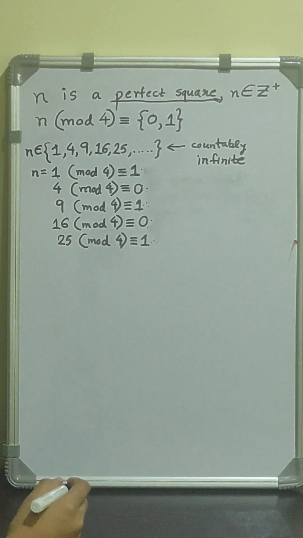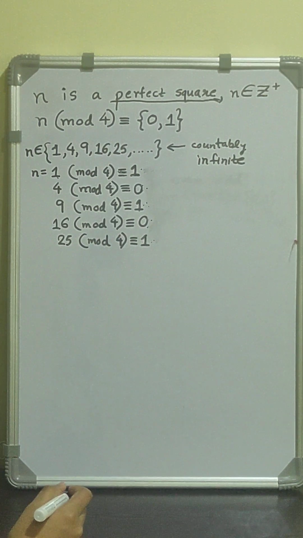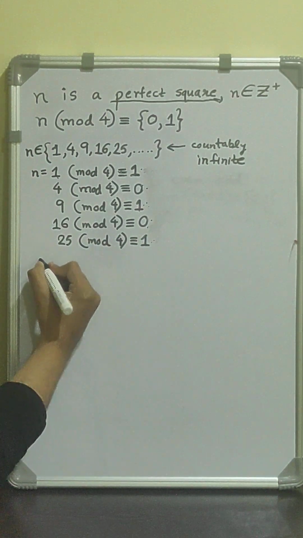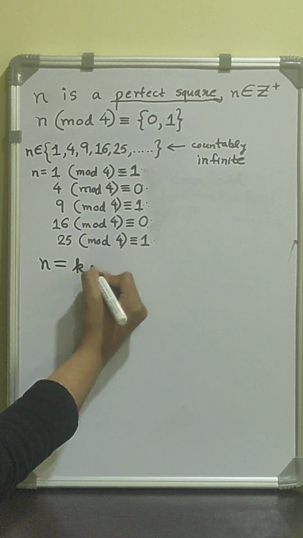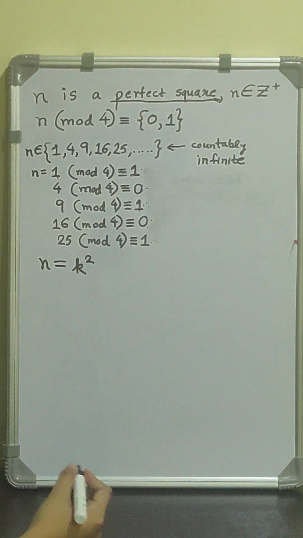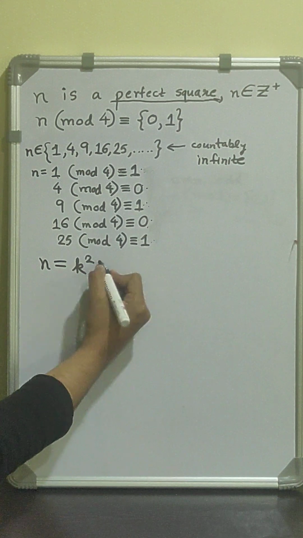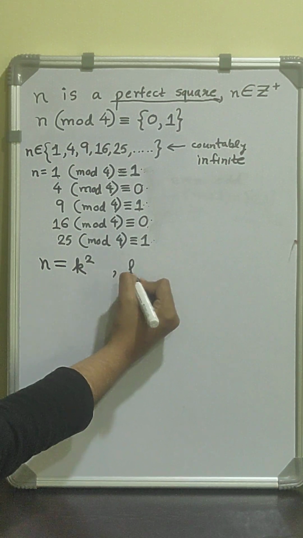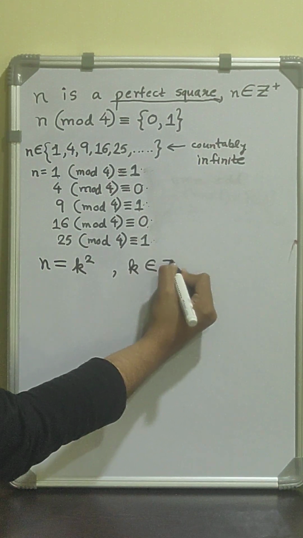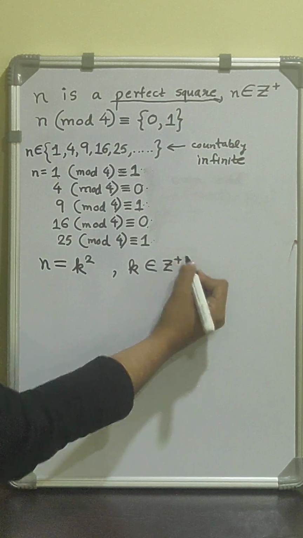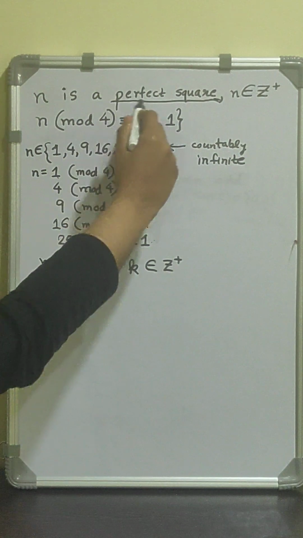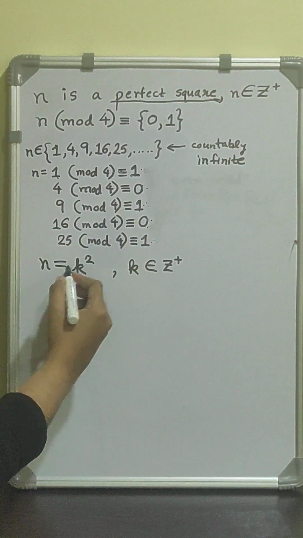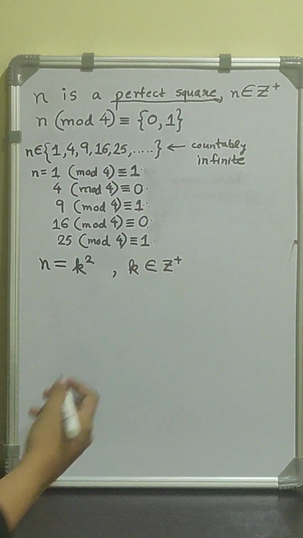So since n is a perfect square, it will be possible to write n as the square of another integer k, and k has to be a positive integer as well, because the root of a perfect square that is a positive integer will have to be a positive integer.